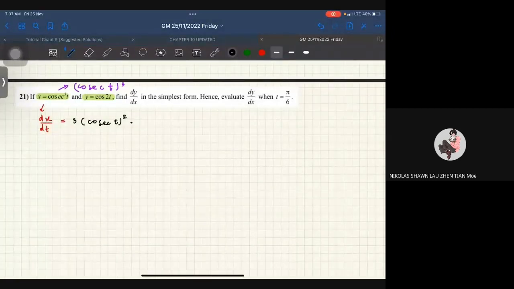What do you get when you differentiate cosecant? Look in the notes. Negative cotangent t cosecant t dt dx.